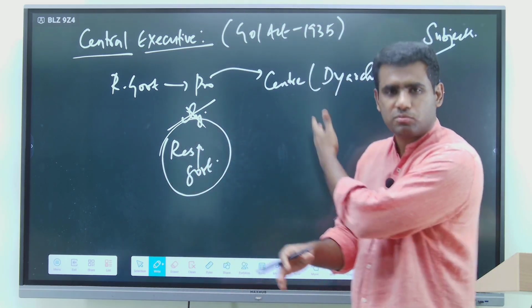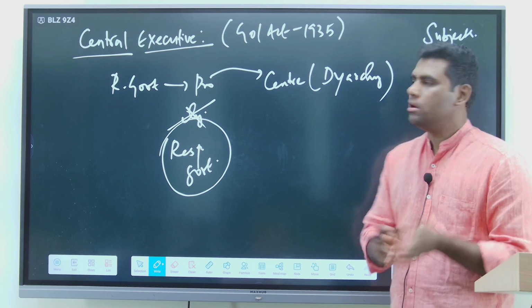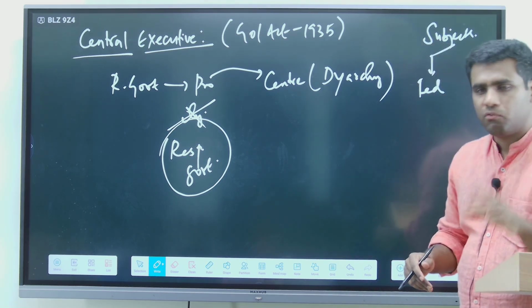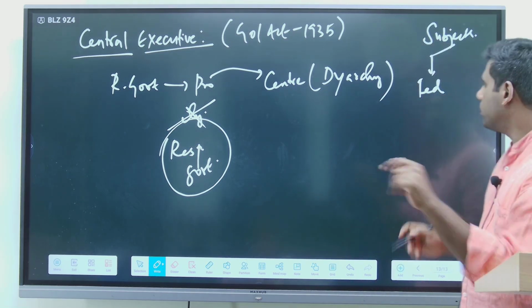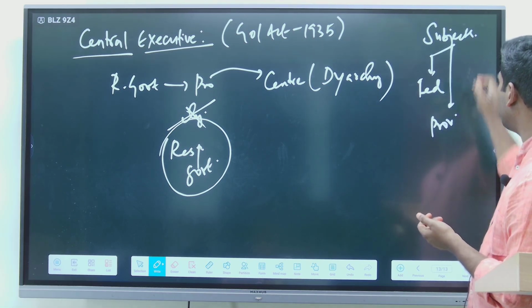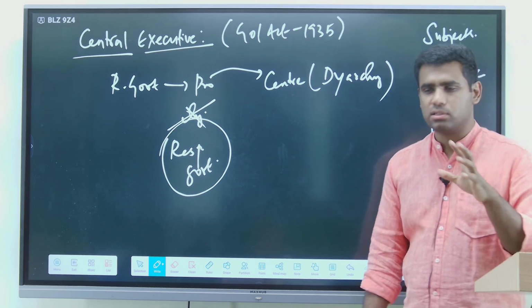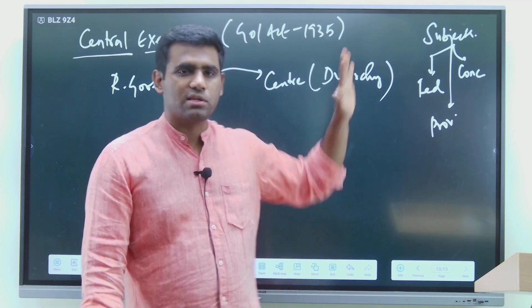A similar setup was brought in because we subscribe to the idea of federation in the Government of India Act 1935. A similar setup was brought in, wherein all the subjects of legislation were divided into a federal list, a provincial list, and then a concurrent list. This was the way of how subjects were demarcated.